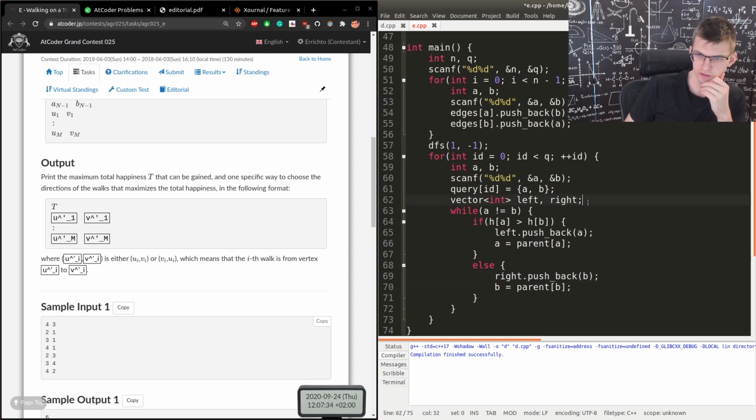Actually, I don't need vectors. I just need to say that from A to parent of A there is edge of one type.